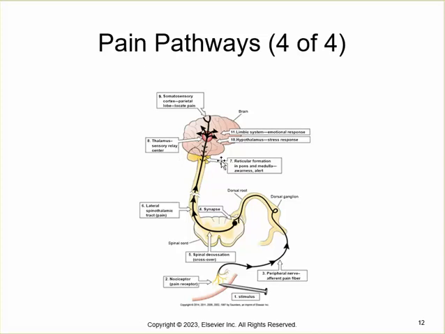Like all of that happens out of the thalamus. And we become very aware of it.